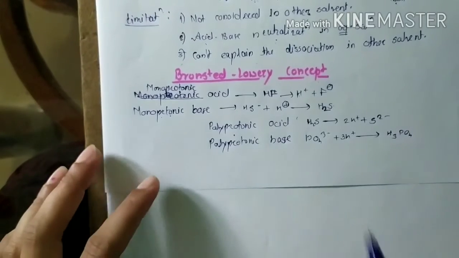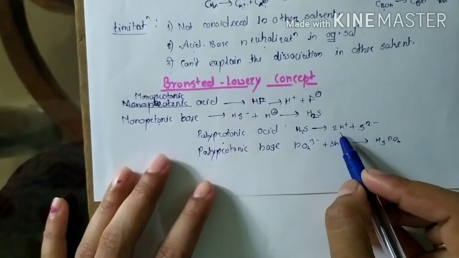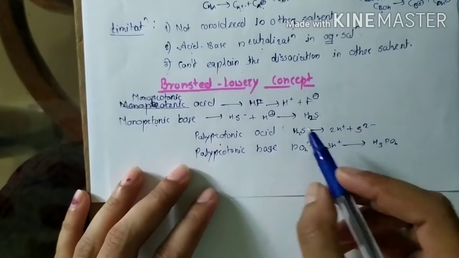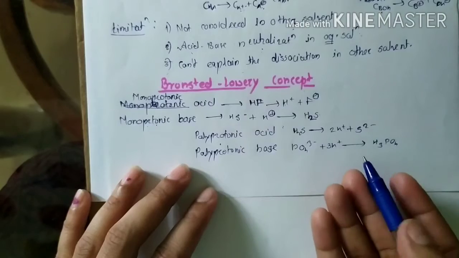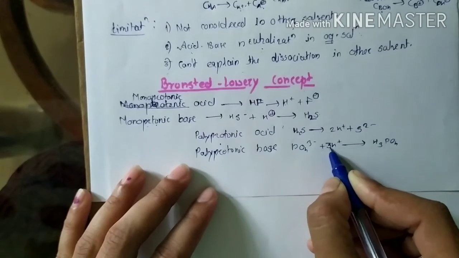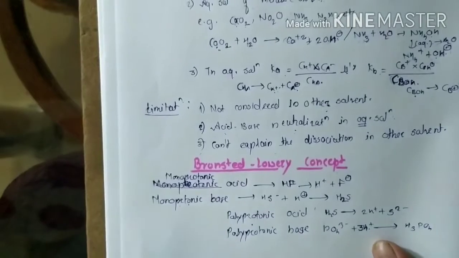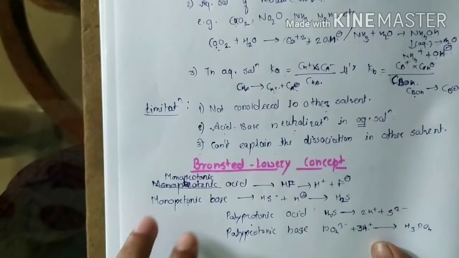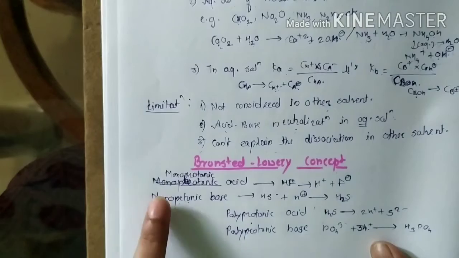And if the substance gives more than one proton, then we call it a polyprotonic acid. And if the substance accepts more than one proton, then we call it a polyprotonic base. So these are the Bronsted-Lowry acids and bases: monoprotonic acid, polyprotonic acid, monoprotonic base, polyprotonic base.